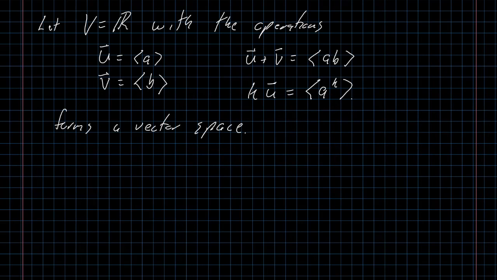So our vector addition means multiplying, and our scalar multiplication means exponents. And I claim that this forms a vector space.